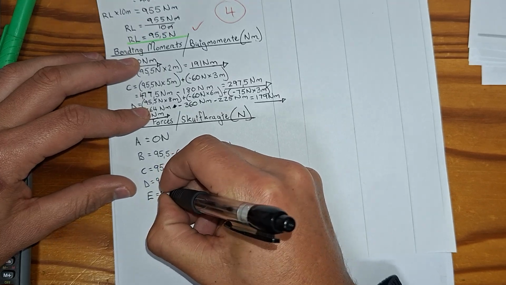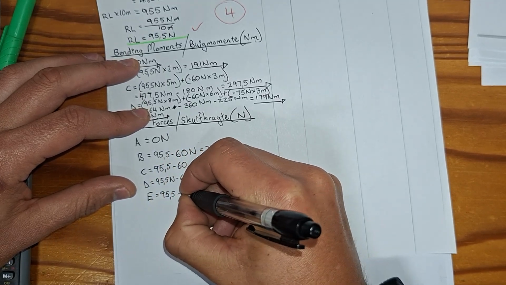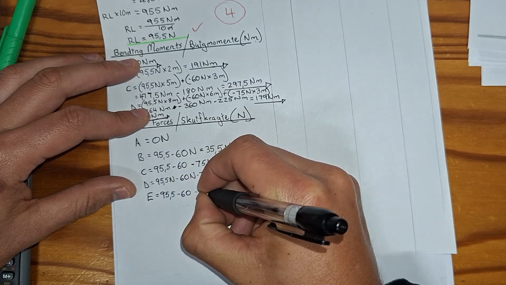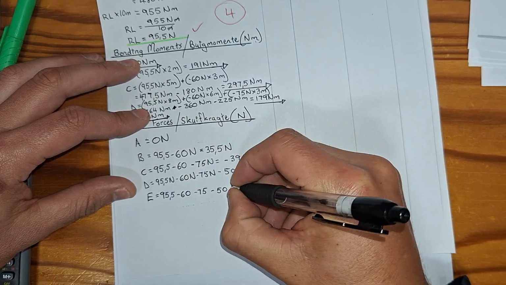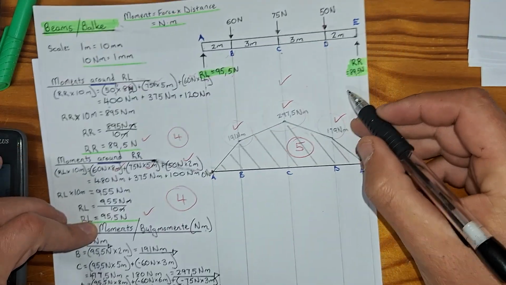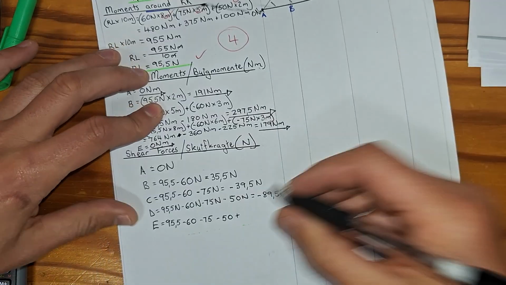So it's 95.5 minus 60 minus 75 minus 50 plus, because E is a positive value going up, plus 89.5.